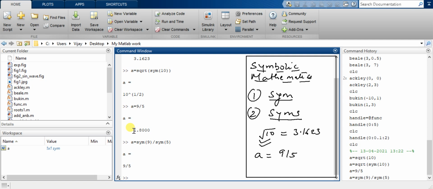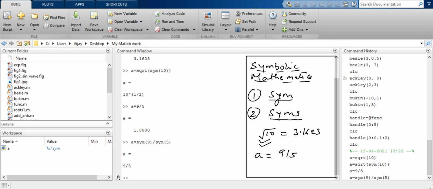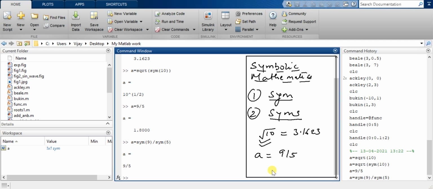I hope this sym command is clear to you. Now we can solve another example, which is to find b, which is equal to 6 by 5 plus 4 by 3. We have to do the computation both in symbolic as well as in numeric way.